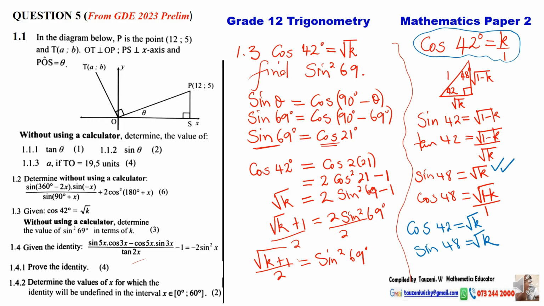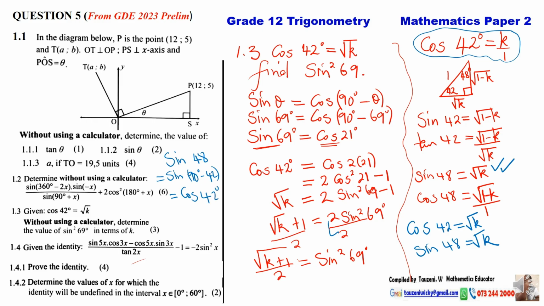If you want to quickly prove it, for more understanding's sake, you can express the sine of 48 as the sine of 90 degrees minus 42. Then you now have your co-function. You can change this to the cosine of 42 degrees.